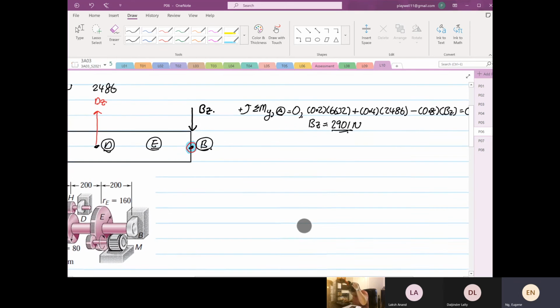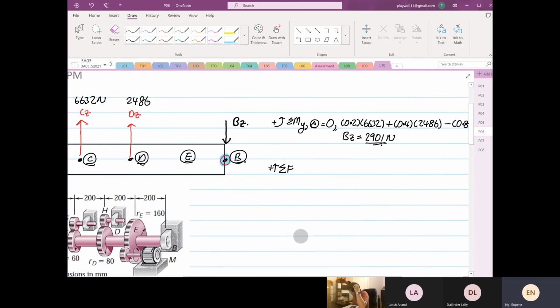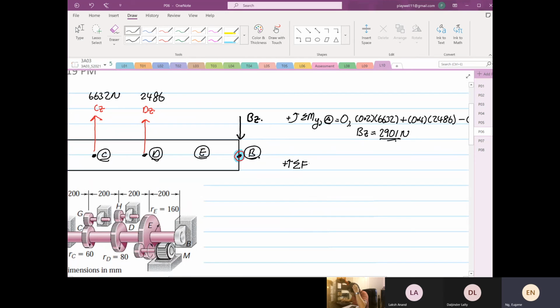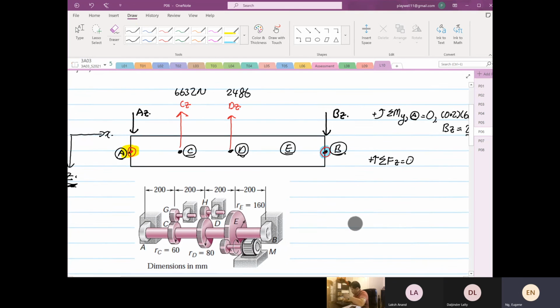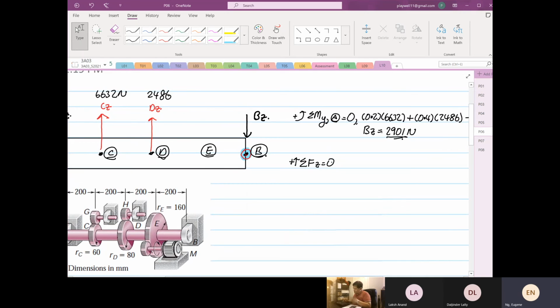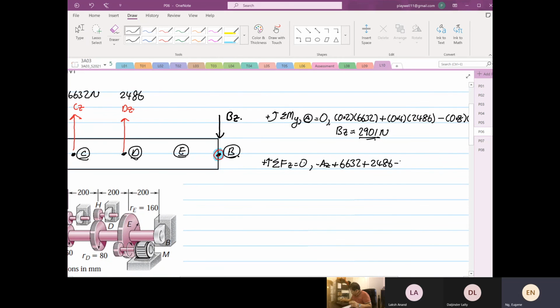Then we're going to do summation of forces in the Z direction. I'm calling up positive. It does not matter. I know Z positive should be coming down, but I'm just calling up. If it's the wrong direction, you just flip it around. So you have minus AZ plus 6632 plus 2486 minus 2901.